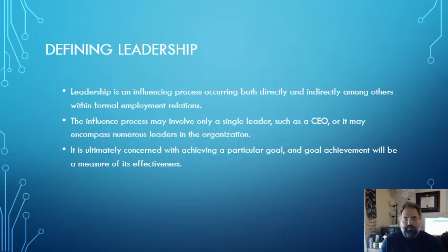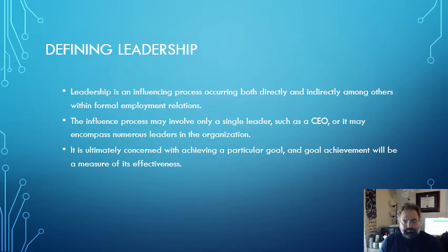Building on what we've been saying, leadership is definitely about an influencing process, and influencing is a key word, both direct and indirect, with somebody who has a formal relationship within an organization. It's also important to understand that there may only be a single leader, but there will probably be several levels of leadership within an organization.